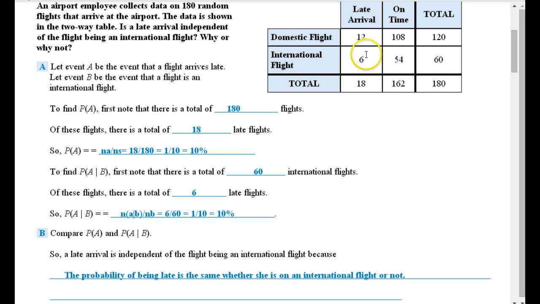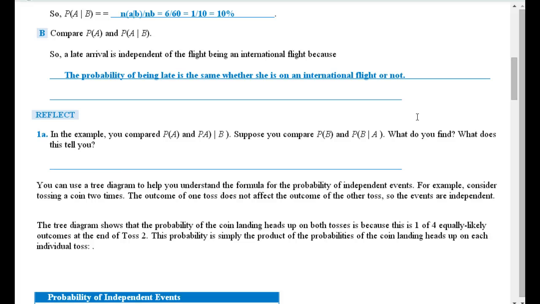Since both reduce to 1 over 3, what this tells me is that being late does not change the probability that the flight was international.